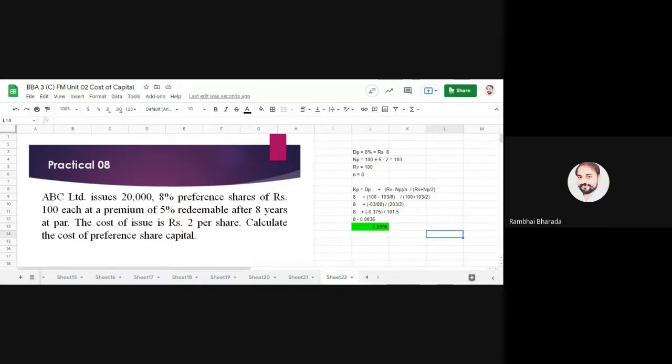Can you just repeat the formula for these redeemable preference shares? I am asking all of you. KP is equal to DP plus RV minus NP upon N, and entirely divided by RV plus NP upon 2.